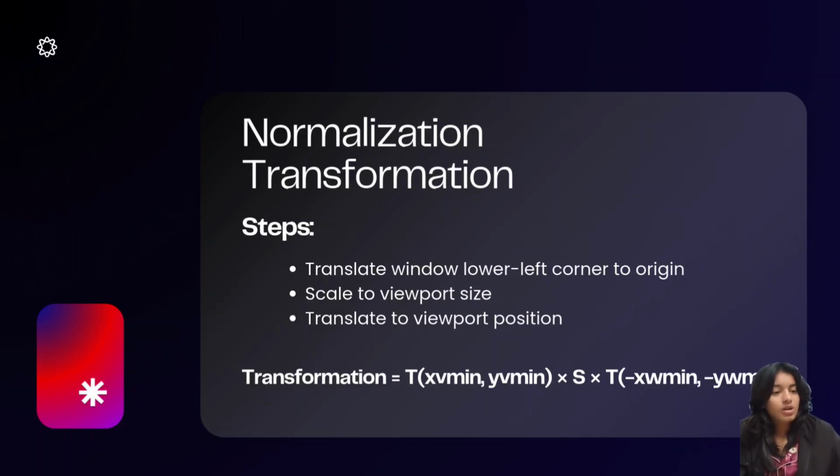So its formula is transformation is equals to T(xv min, yv min) into S into T(minus xw min, minus yw min), in which we take the minus because we are going from the window to the viewport, so we take first v, then in last we take w.